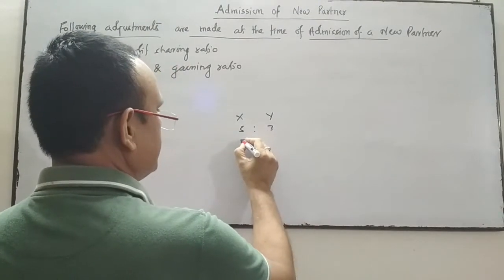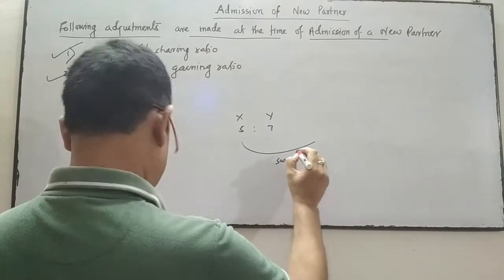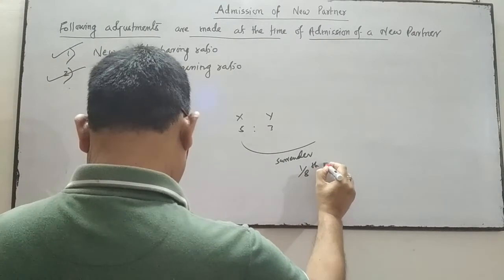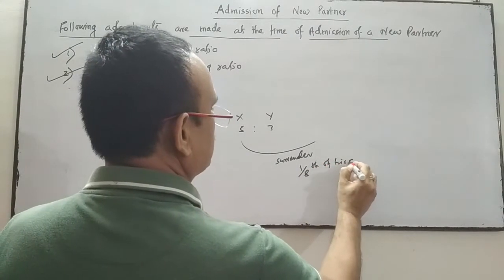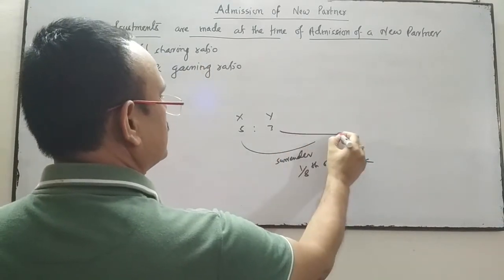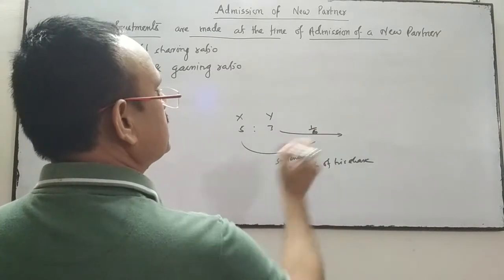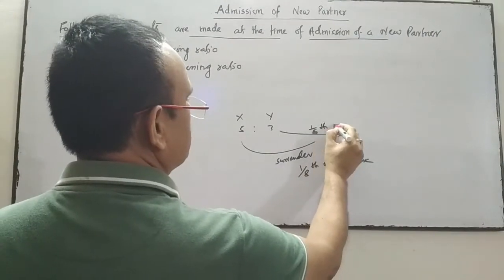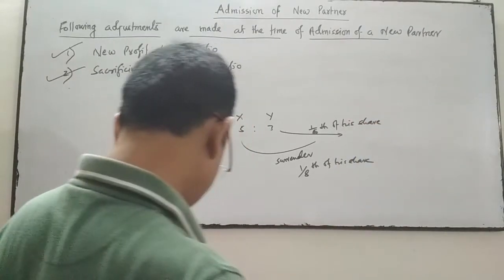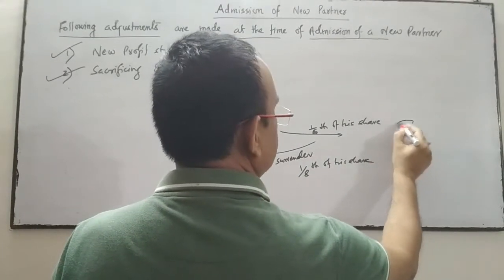X surrenders 1/8 of his share, and Y surrenders 1/6 of his share, in favor of Z, who is the new partner.